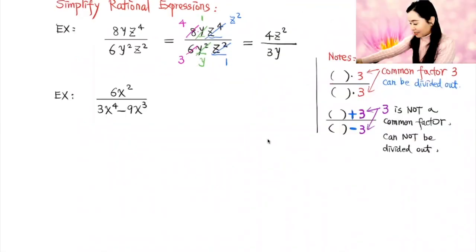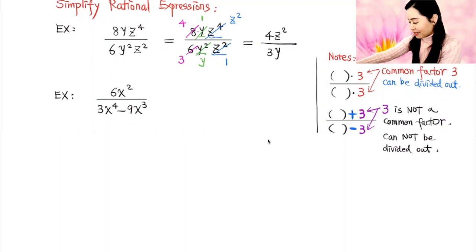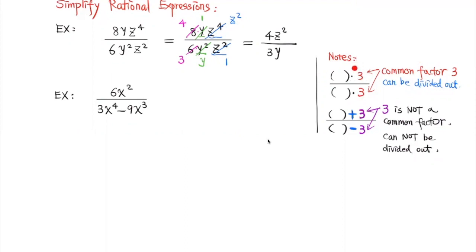Notice that when we simplify a rational expression, like in this example over here, the 3 here is a factor of the numerator, because you see this is multiplication between this factor and this factor, and also multiplication between this factor and this factor. Factors are separated by multiplication. So the 3 here is a common factor up and down. We can cancel them out.